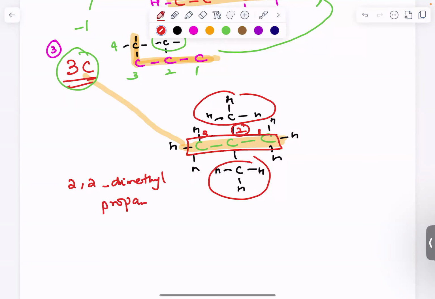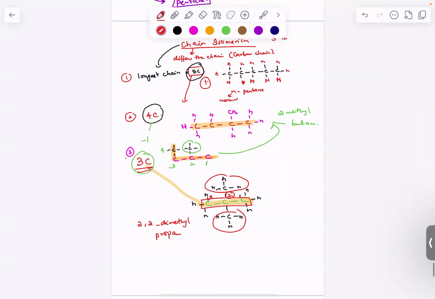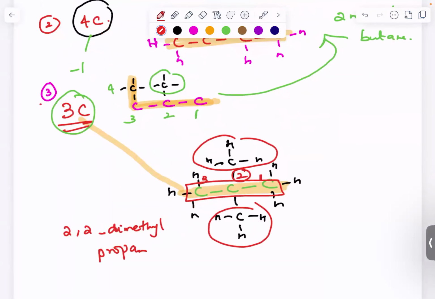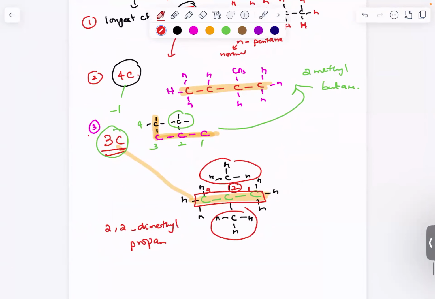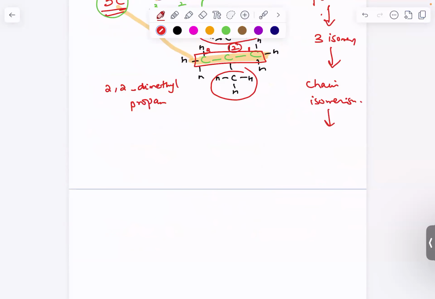Well done. So this is the third isomer. That means pentane can make three isomers, and all of them are of chain isomerism. I hope it's clear. And chain isomerism, beta, is a type of structural isomerism.